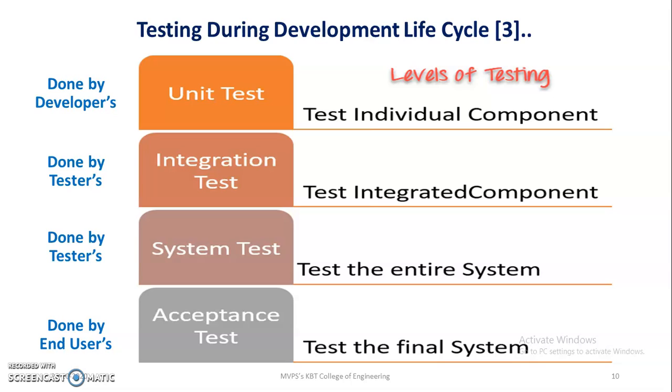Next testing is system testing. System testing is executed to test the behavior of the whole system or product as defined by the scope of the development project or product. And again, this system testing is done by the testers.